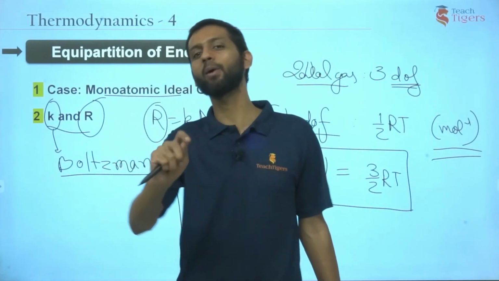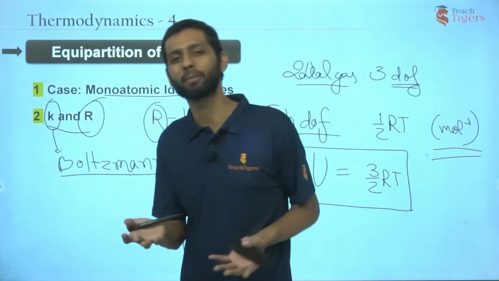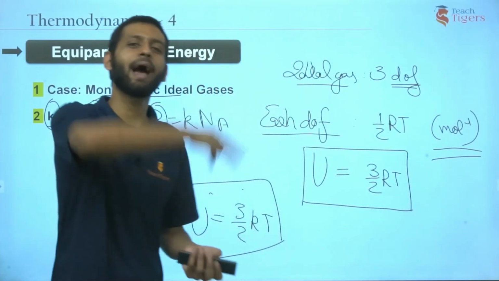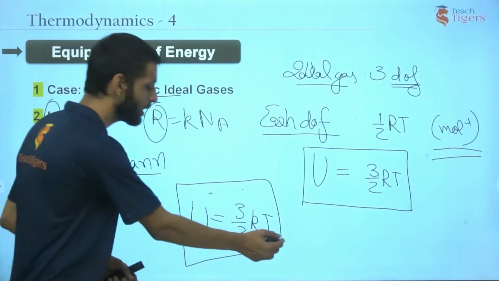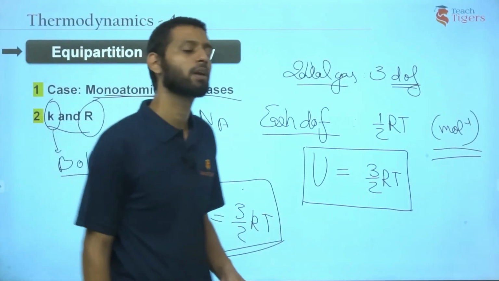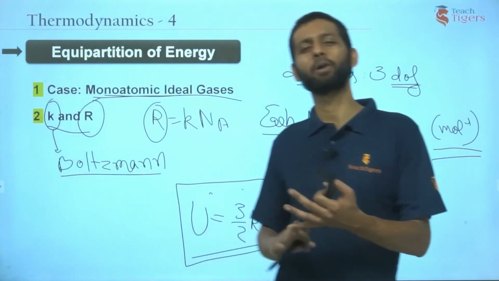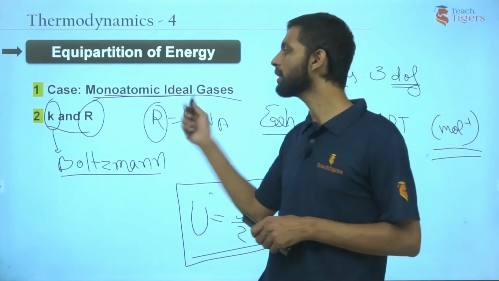Thermodynamics cannot tell you about microscopic properties, but it can tell you about average properties. It can tell you on an average all particles have how much energy, and they have 3 by 2 kT in case it is a monatomic ideal gas. We are going to talk about diatomic, polyatomic gases as well, but first try to understand monatomic ideal gases.